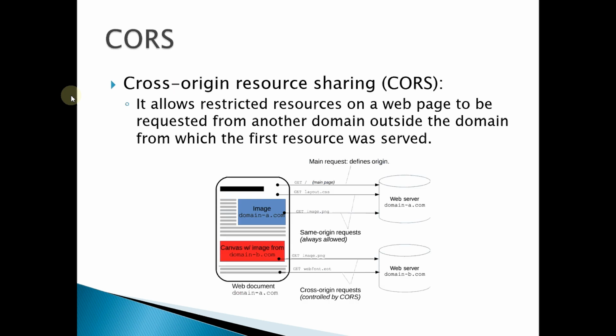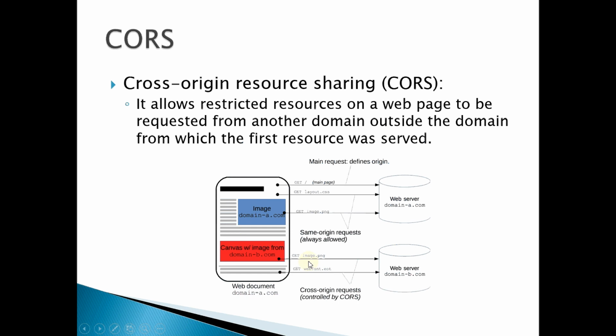First, what is CORS? CORS is cross-origin resource sharing. By default, as you know, a REST API is implemented on a separate server. Whenever a request comes from the same server, like domain a.com, and the API is also on domain a.com, this is a same-origin request, so the resource will be provided.